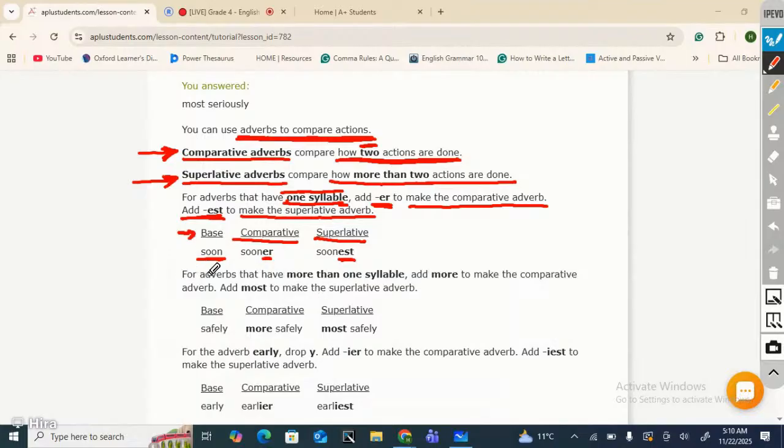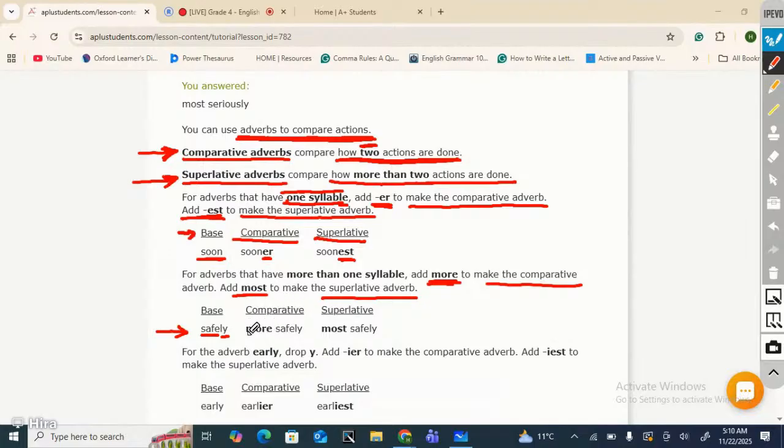Okay. For adverbs that have more than one syllable, add more to make the comparative adverb and add most to make the superlative adverb. Okay, let's take an example of an adverb. Safely. It has two syllables, so more than one syllable.